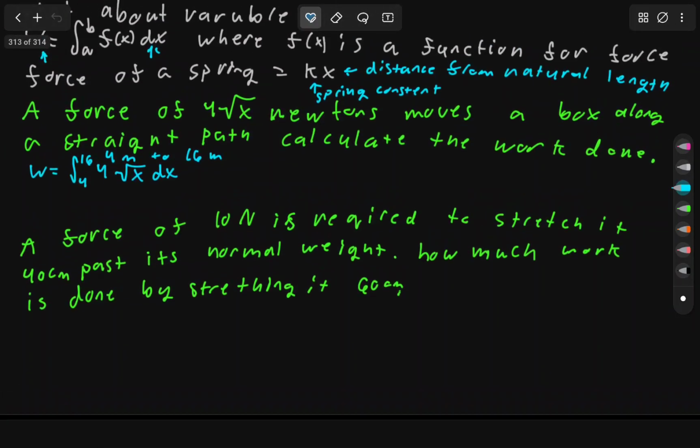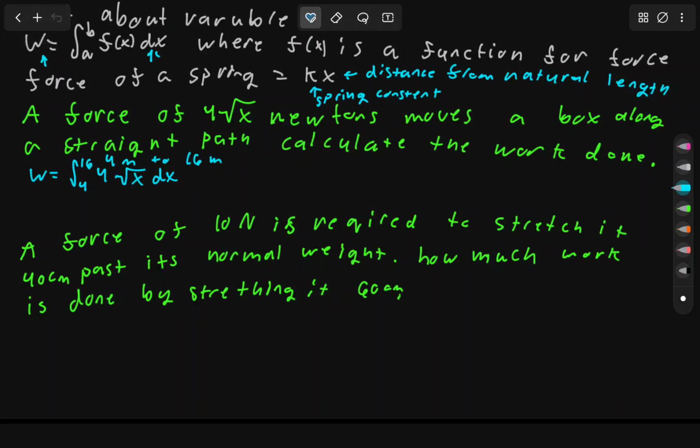We're just doing it at a much smaller scale, but we're adding up a bunch of small intervals to evaluate the work. What we're doing is evaluating a bunch of small intervals, which is really what the integral stands for, and then using that to evaluate the work and summing it up.